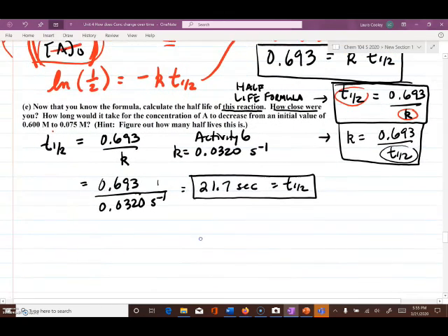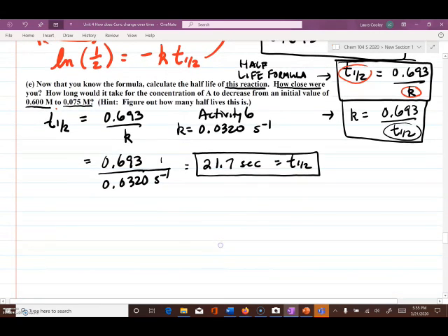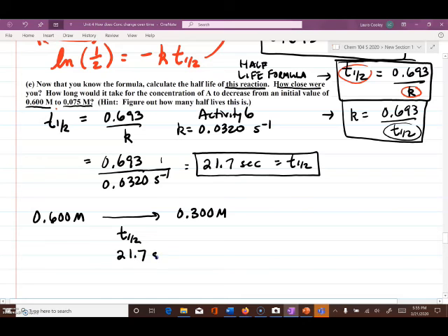Now it says, how long would it take for the concentration of A to decrease from 0.6 to 0.075 molar? And it says to figure out how many half-lives this is. What you need to remember is every time the concentration decreases by half, a half-life has passed. So in 21.7 seconds, it'll go from 0.6 to 0.3 molar.